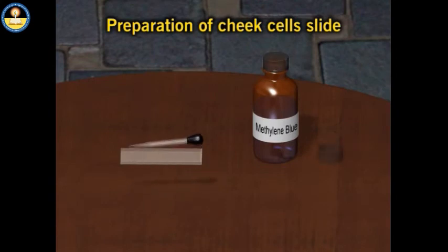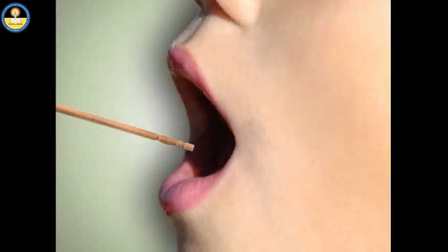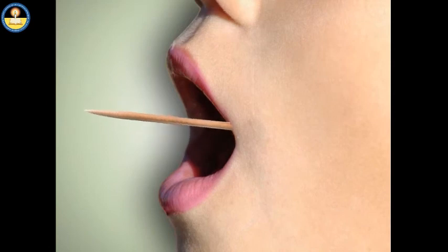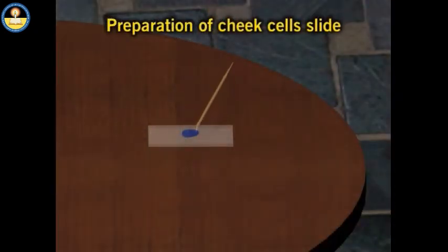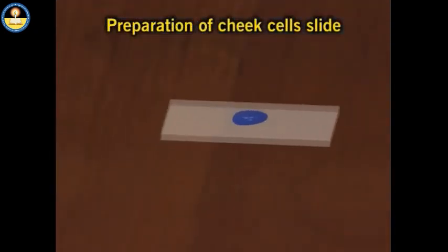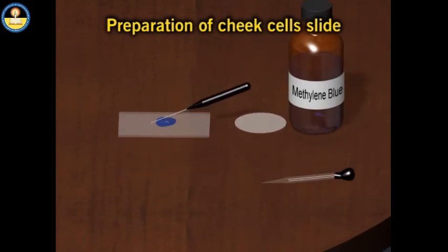Put a drop of methylene blue solution on a clean glass slide. Gently scrape the side of your mouth with the blunt side of a toothpick. By doing so, you collect some of your cheek cells. Transfer the scraping onto the drop of methylene blue solution kept on the glass slide. Use a needle to lower the cover slip to avoid air bubbles.